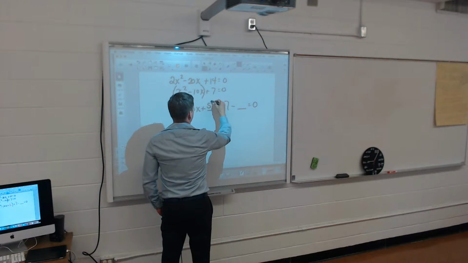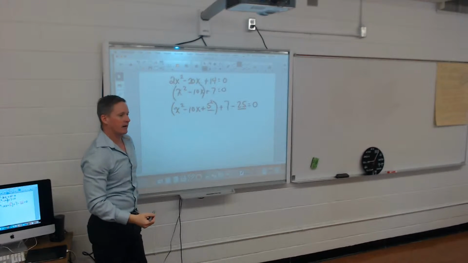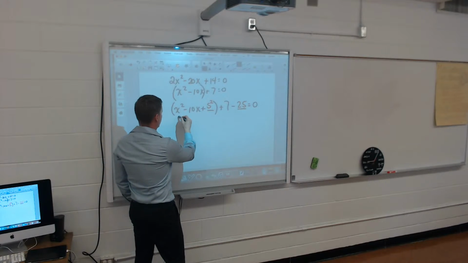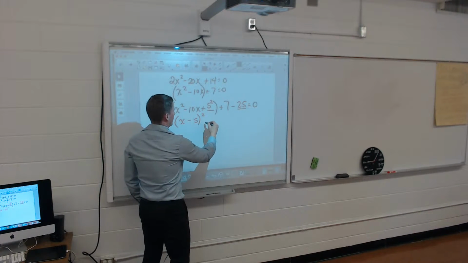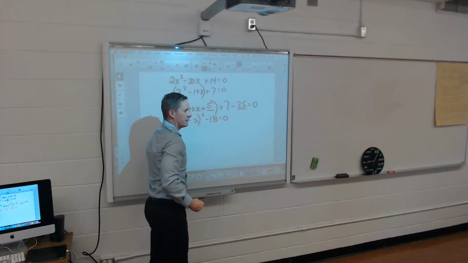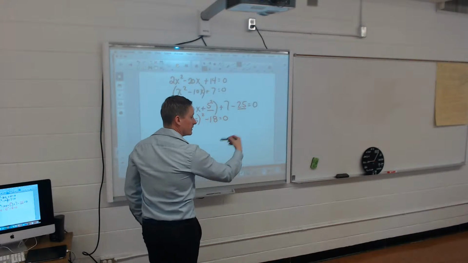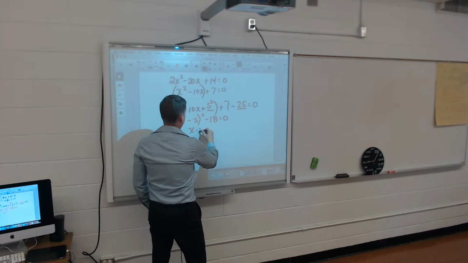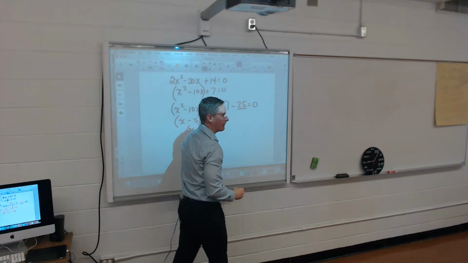Okay, so that's half of 10, squared, right? So now I've got x minus 5 squared, subtract 18 equals 0. Okay, I understand your question now. Now I put the 18 on that side. So I have that, right?